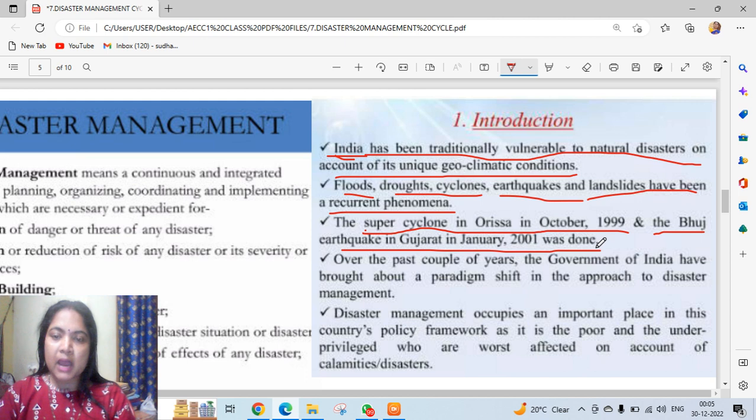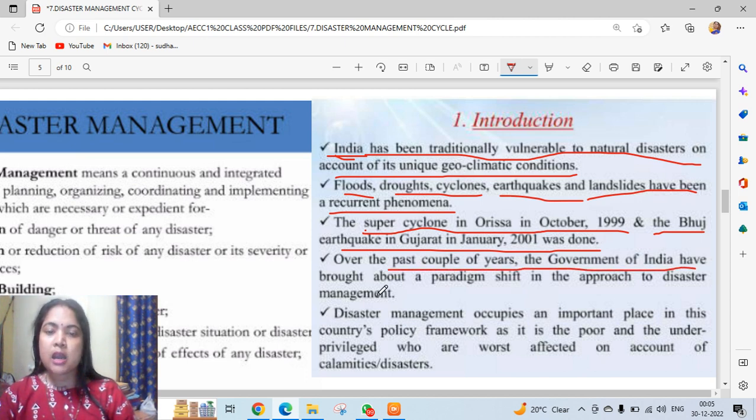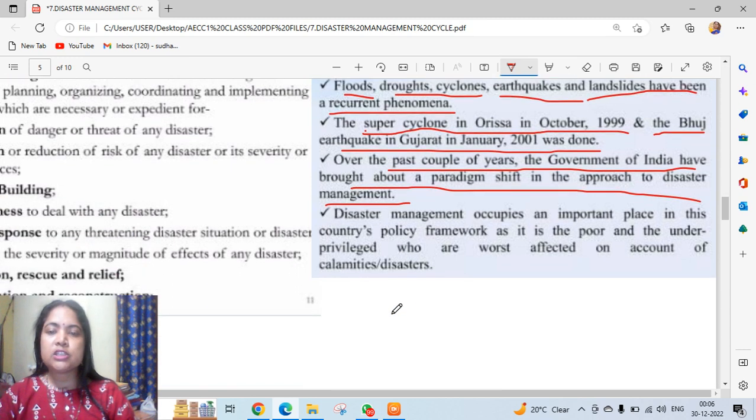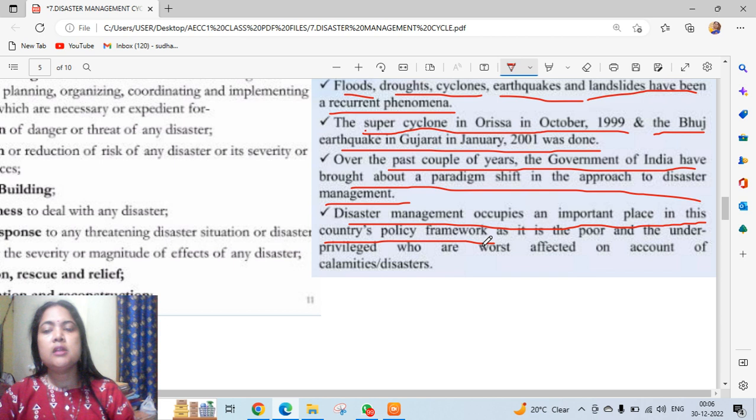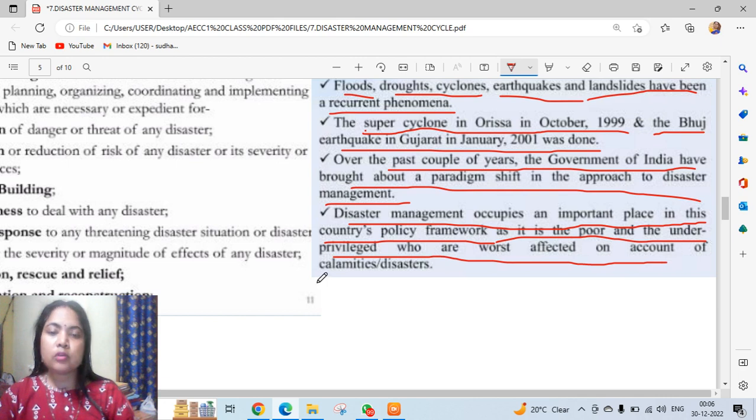Over the past couple of years, the Government of India has brought about a paradigm shift in the approach to disaster management. Disaster management occupies an important place in this country's policy framework, as it is the poor and the underprivileged who are most affected on account of calamities or disasters.